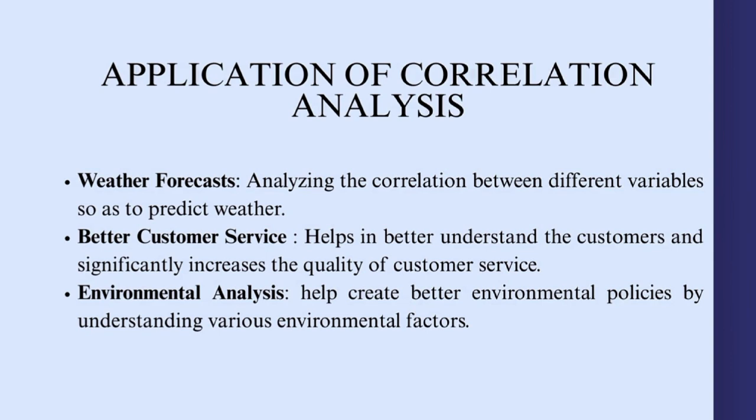This helps scientists and policymakers create better environmental plans and policies to protect nature and fight climate change. So, application of correlation analysis helps us make sense of complex data and uncover useful relationships in many fields.